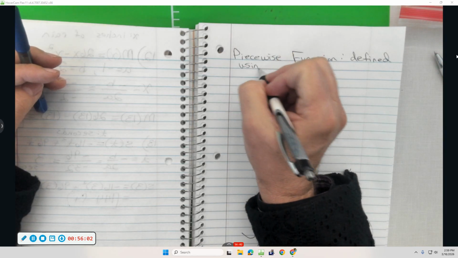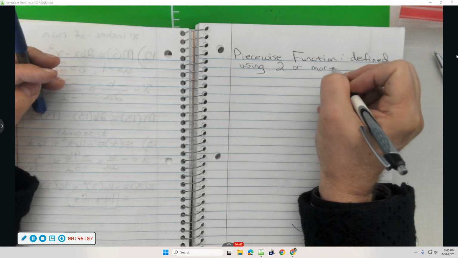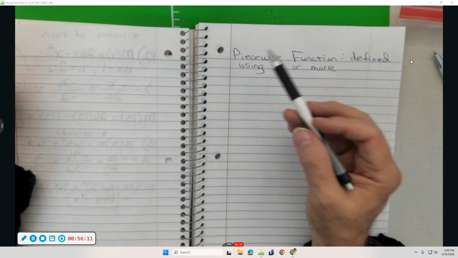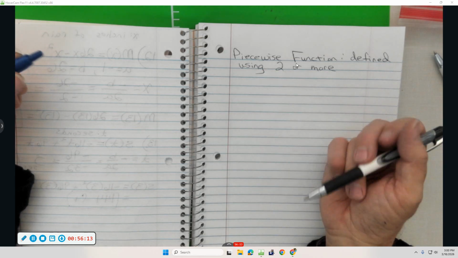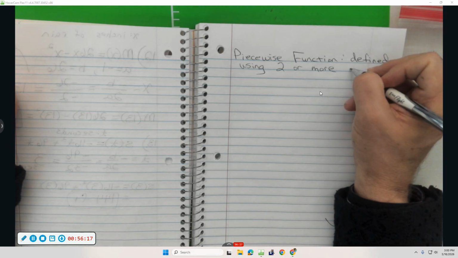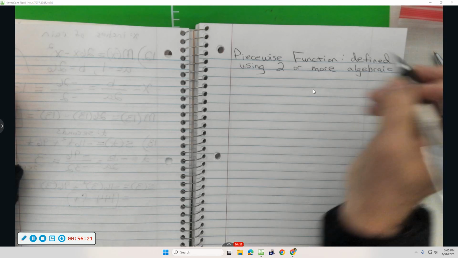I would say defined using two or more pieces, but I hate to define piecewise using the word piece. That's a bad practice. So I'll say it's defined using two or more algebraic rules.